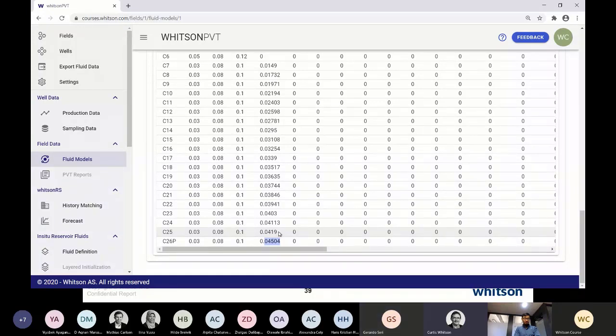You don't want a big jump in the BIP anywhere within the table. The discontinuity, you'd like it to be fairly smooth everywhere so that you don't get strange behavior outside the range of data that you're fitting. So that could be an argument.